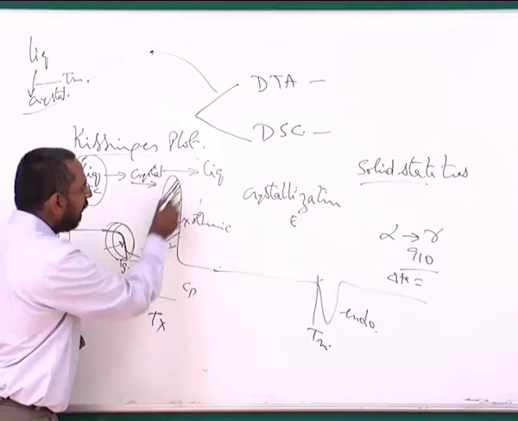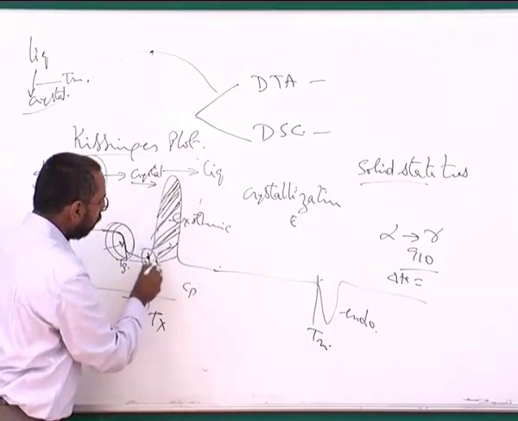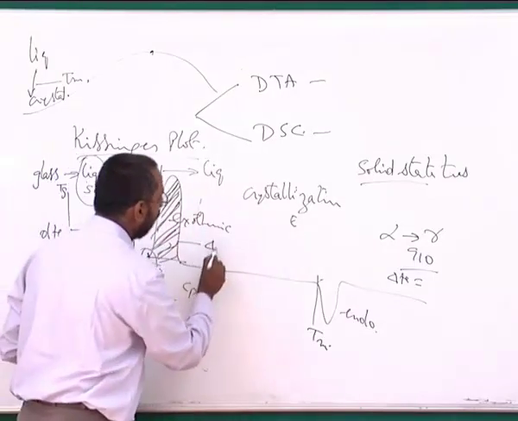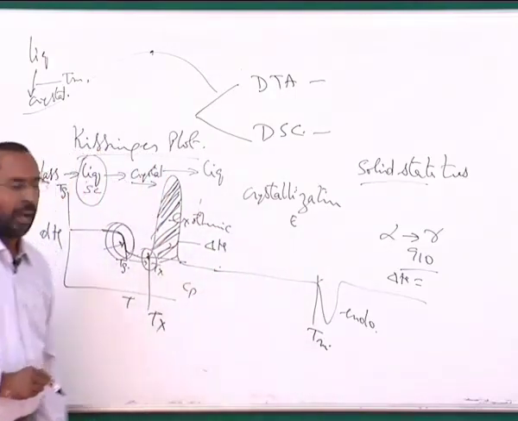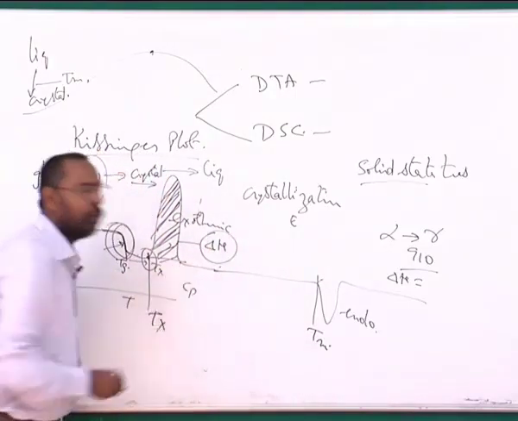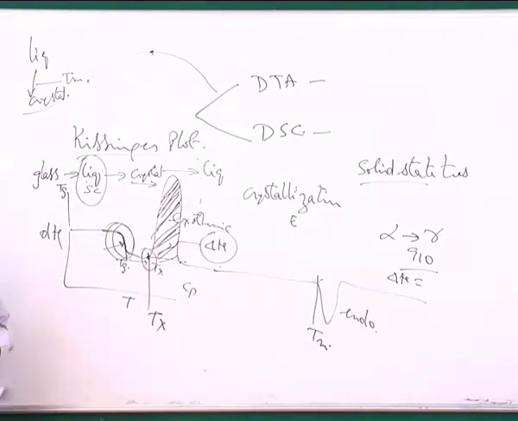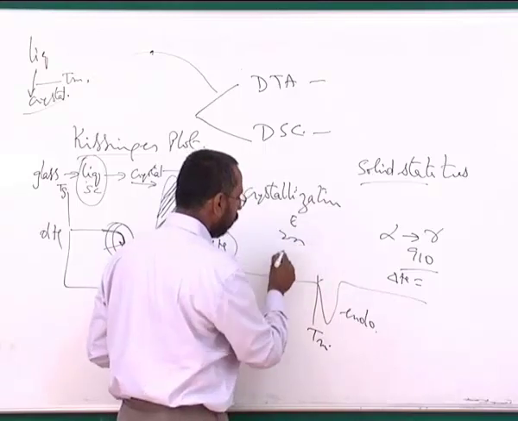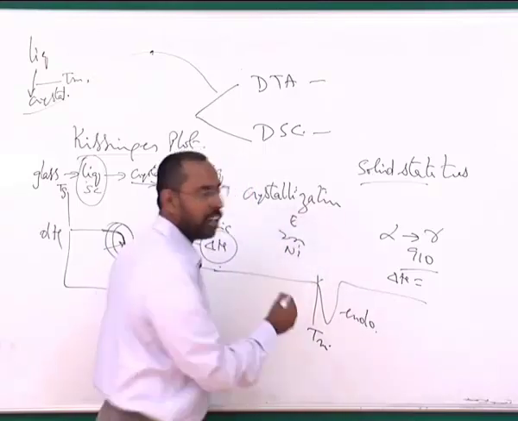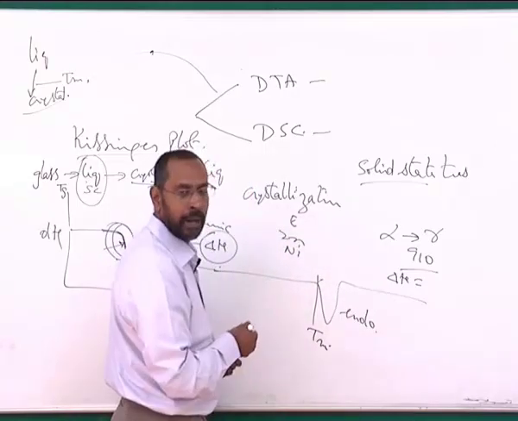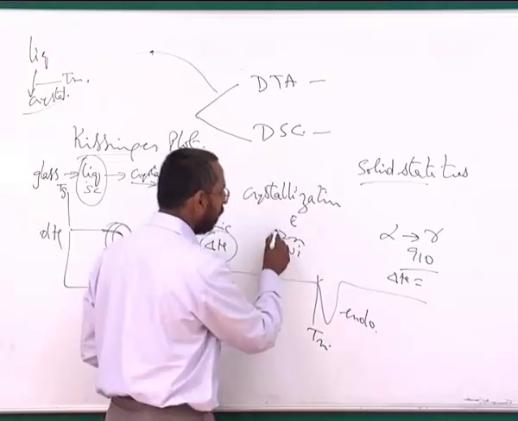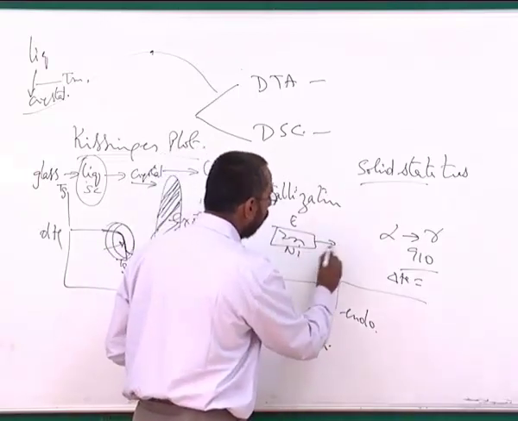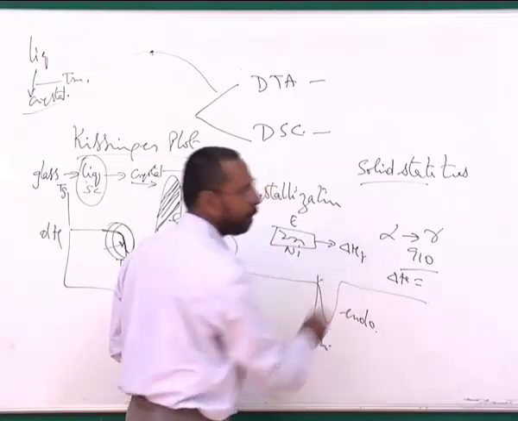But the area under this peak will give me the delta H. And in order to get this delta H correctly, we take certain standards, such as zinc standards and nickel standards. Various standards are available for various melting point ranges. For each of them, I know the delta H of fusion.